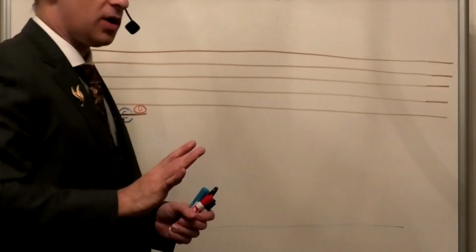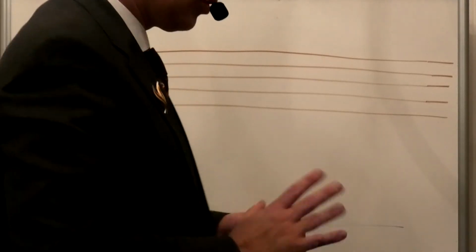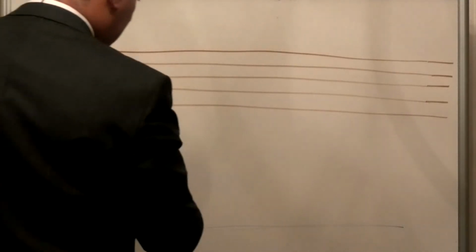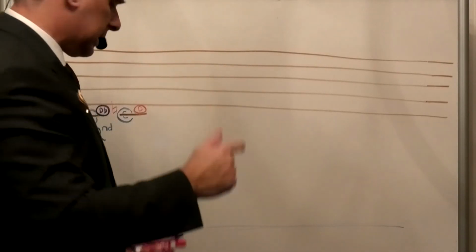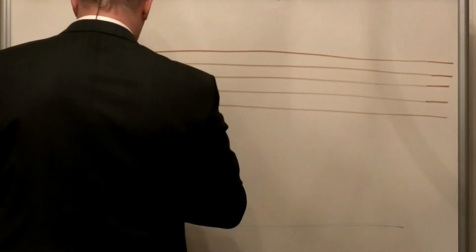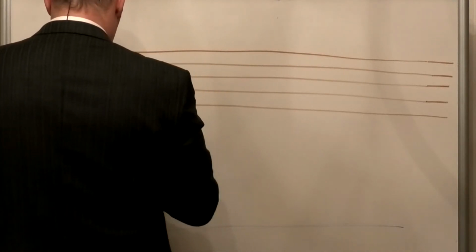Remember the rule of intervals. To determine the ordinal, only the white keys matter, so forget about the flats and sharps. Just go C and D. 1, 2, so it's a second, some type of second.